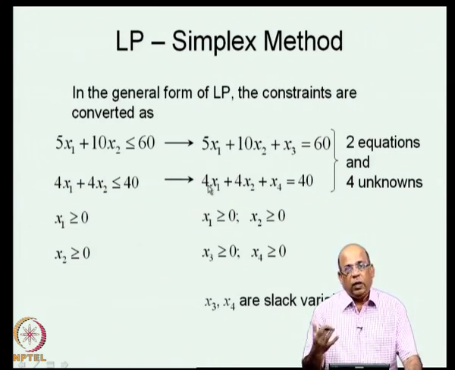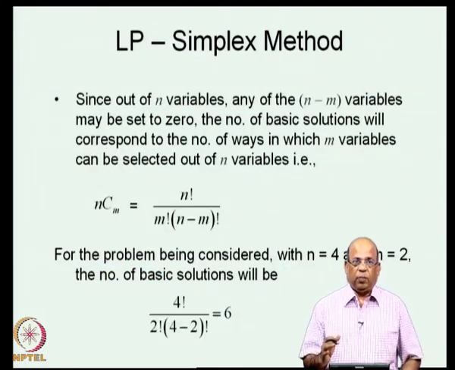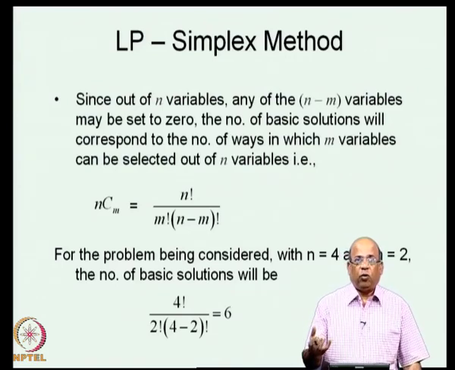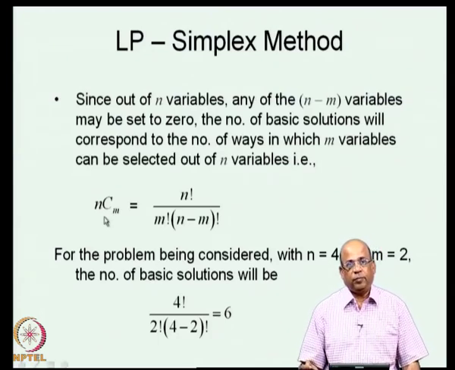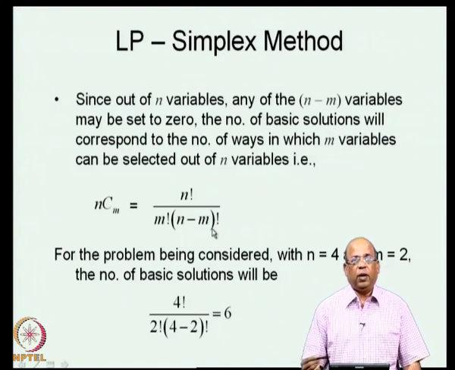So, how many ways can you do this? There are n variables, out of which you want to choose m variables. So, this can be done in nCm ways, which is simply factorial n divided by factorial m into factorial n minus m.